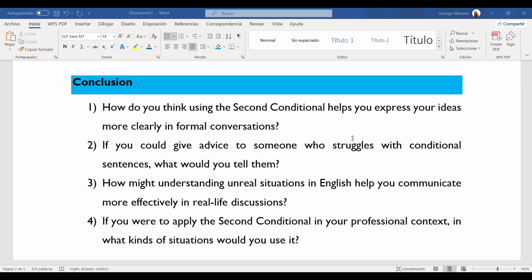Once at a time, folks. May I? Of course. So I think the advice that I can provide to someone who is struggling with this conditional is that, at the very end, it's used to discuss or express hypothetical or unreal situations, either in present or future.